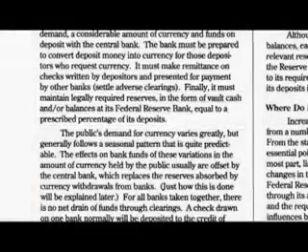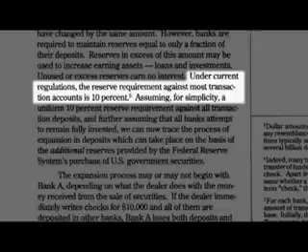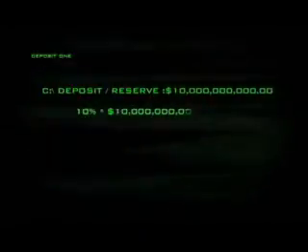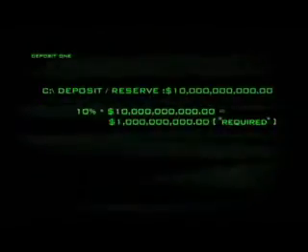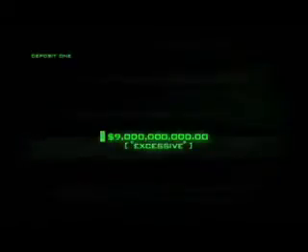It then quantifies this by stating, "Under current regulations, the reserve requirement against most transaction accounts is 10%." This means that with a $10 billion deposit, 10%, or $1 billion, is held as the required reserve, while the other $9 billion is considered an excess reserve and can be used as the basis for new loans.